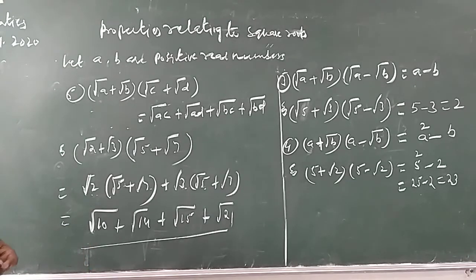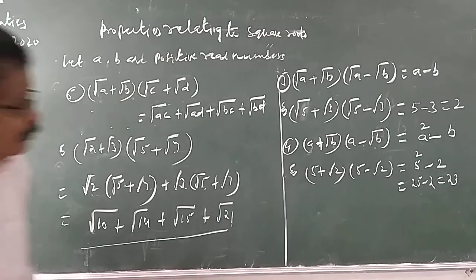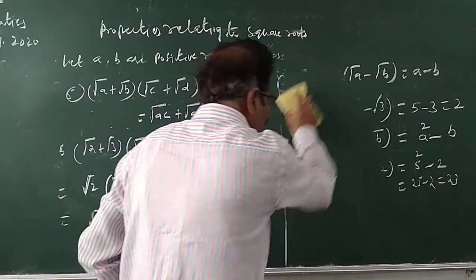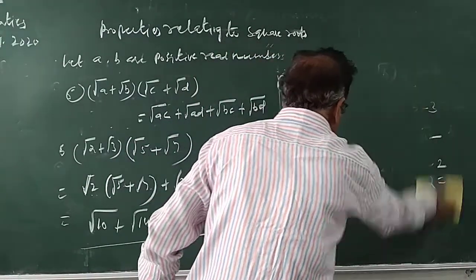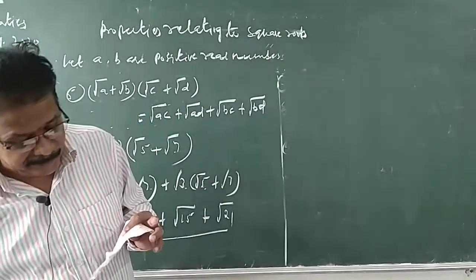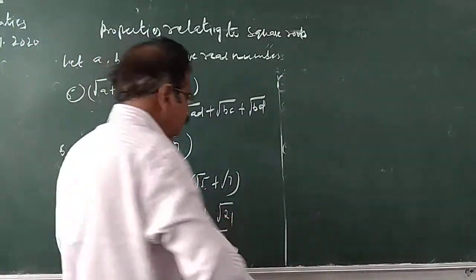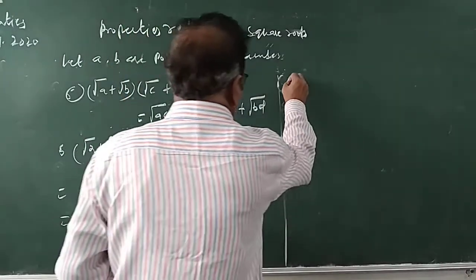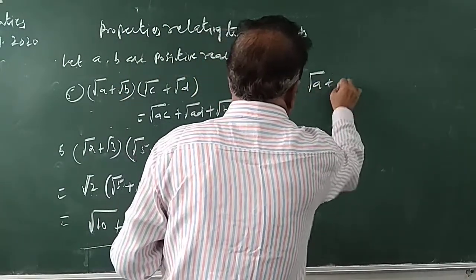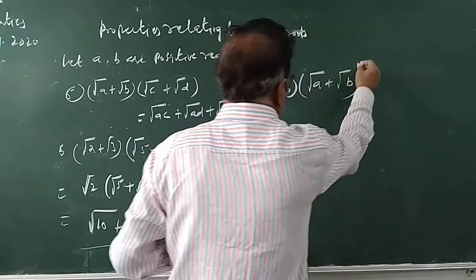The last property, the sixth property, is how to find the square root of root a plus root b whole square. How can you expand it?